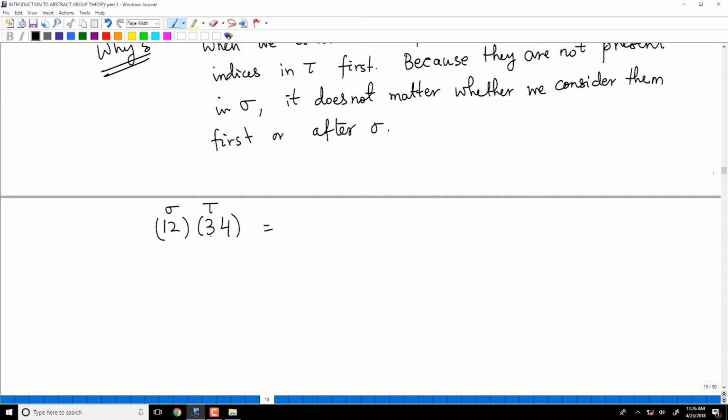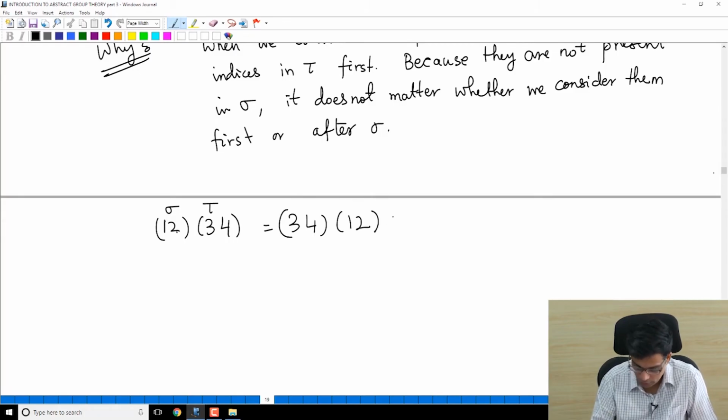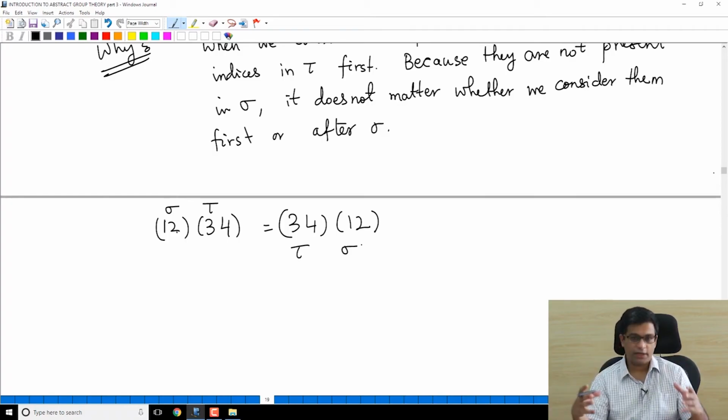Similarly, 4 goes to 3 under tau, and 3 is not present in this. So 4 goes to 3. Similarly, 1 goes to 2 under sigma, and it's not affected by what happens in tau. So 1 goes to 2, 2 goes to 1. So we might as well write this as tau sigma. Okay, so if the indices are disjoint, they are unrelated, they don't interfere with each other. So we have no problem, and we can just multiply them in any order.